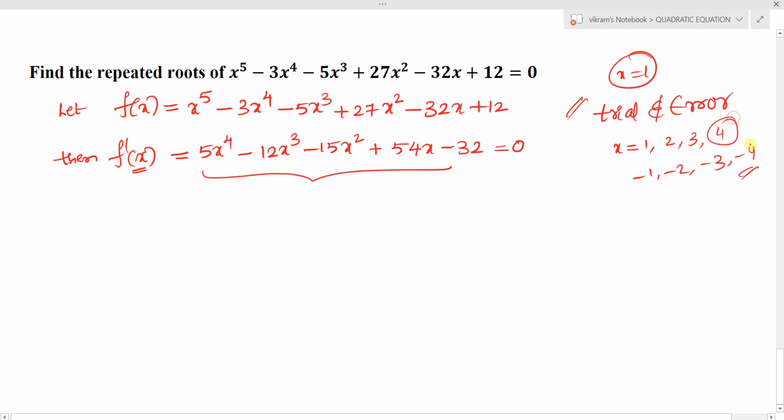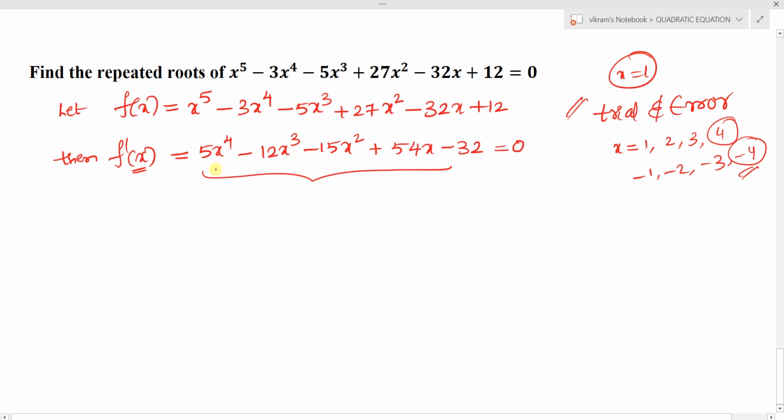These will be rare cases. Most of the problems will be satisfied by minus 1, minus 2, minus 3 or 1, 2, 3. If we substitute these values and the equation equals 0, then that value of x is a root of that particular given polynomial.